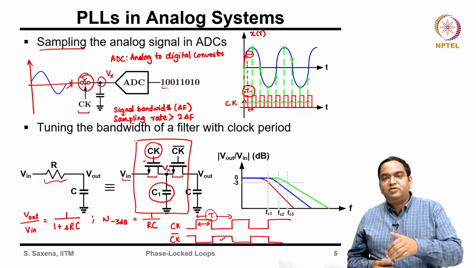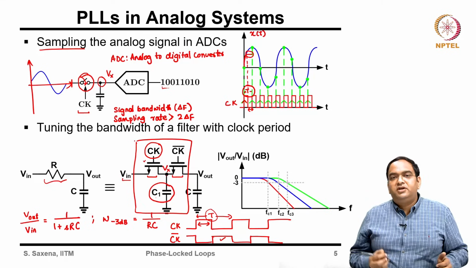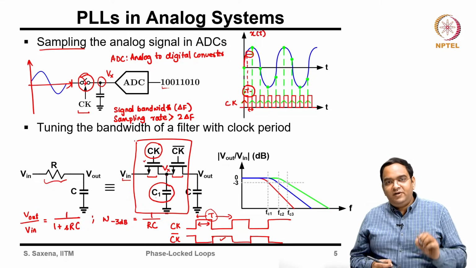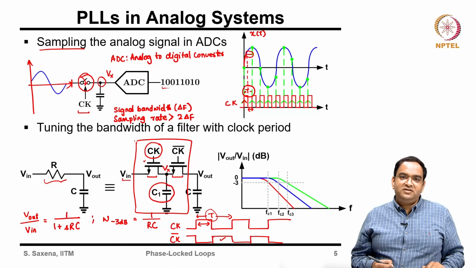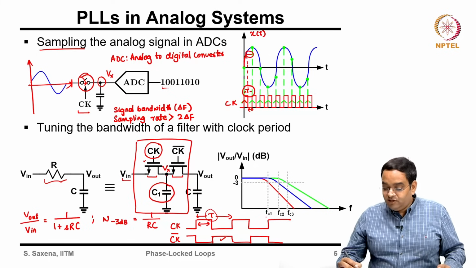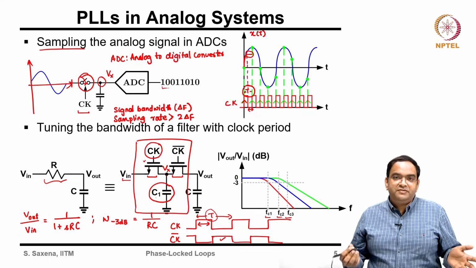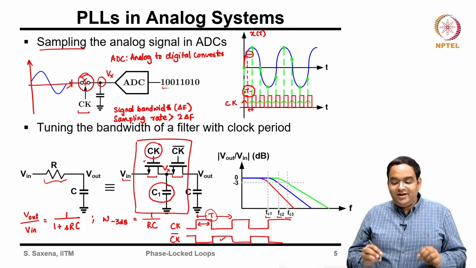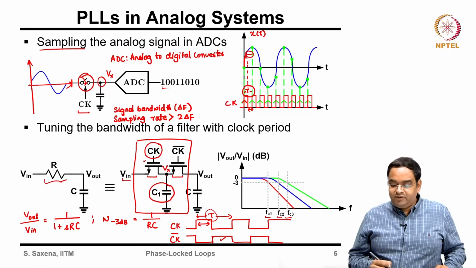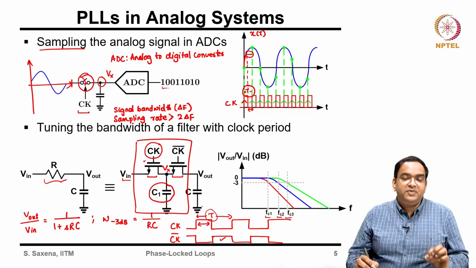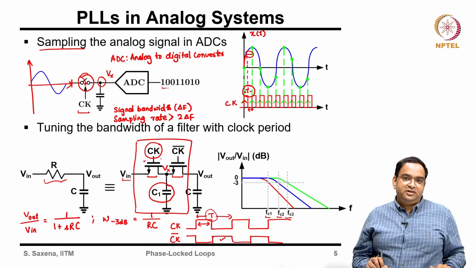The filter bandwidth from Vin to Vout varies with the time period. So, whenever you would like to use a filter where you do not want to change the physical value of the resistor or capacitor, but you want the filter bandwidth to vary, like between FC1, FC2 to FC3, you can use such an architecture and your filter bandwidth will vary depending on the time period of the clock which you are using to clock this circuit.